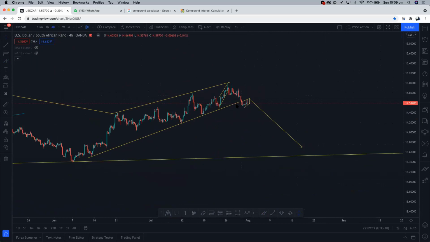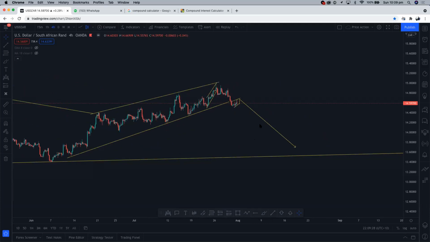Price has broken out of this channel. After breaking out of this channel, what do we expect? A continuation pattern to go down. But if price had broken out of this channel in a corrective manner, like this, well, that's a different case.